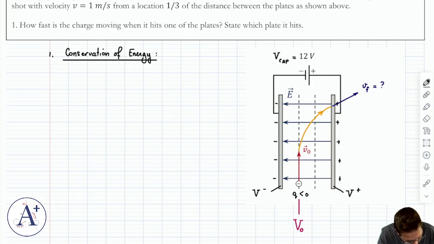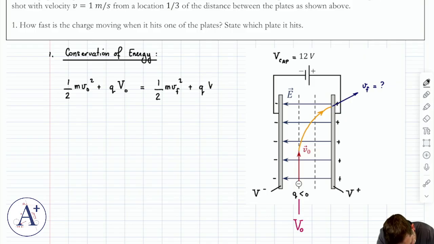Okay, so here we have 1/2 mv0 squared. That is the kinetic energy at this point, plus q V0 is equal to the kinetic energy when it hits the right plate, 1/2 m v final squared, plus q V plus. All right.